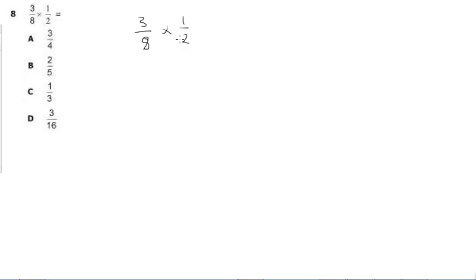When you're dealing with multiplication of fractions, it's easy and straightforward. All you have to do is multiply the numerator by the numerator and the denominator by the other denominator. So we get 3 multiplied by 1, all over 8 multiplied by 2.